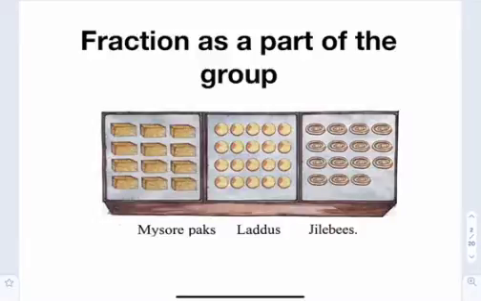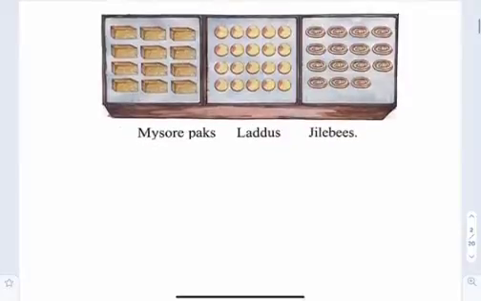If you observe the picture mentioned here, it's very clear that I'm referring to a sweet shop. So a sweet shop usually has different varieties of sweets. Even I have different varieties like Mysore Paks, laddus and jalebis arranged in the shelf. And if I have to check what would be the fraction of the space occupied by laddus in the shelf, how would I find out?